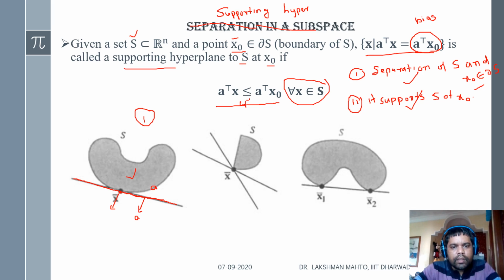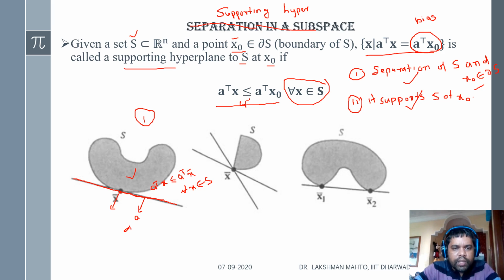So the direction of the normal of the supporting hyperplane, suppose this one is the supporting hyperplane, then we will see that there is a clear separation: A transpose X is less than or equal to A transpose X bar for every X in the given set S.